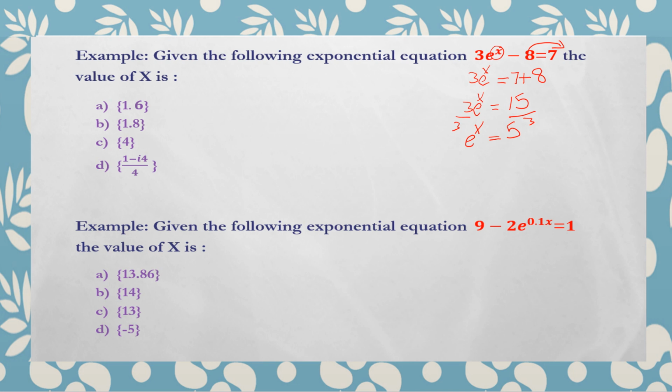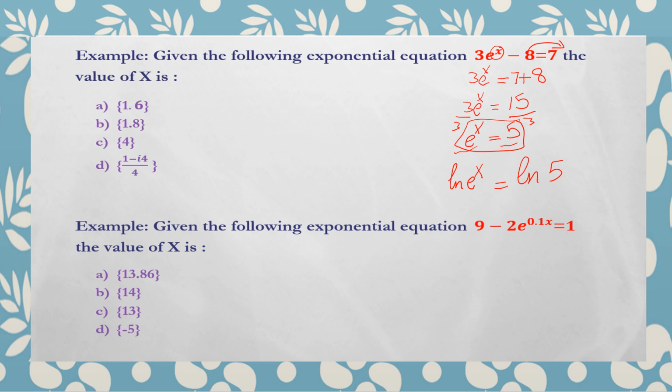And as you can see here, the bases are not equal for the left hand side and the right hand side, so we should take the logarithm for both sides. But note, when we take the logarithm for e, this means ln, not log, so ln e power x equals ln 5.